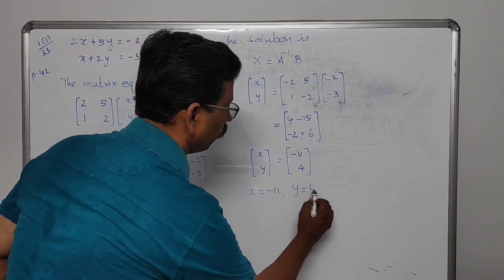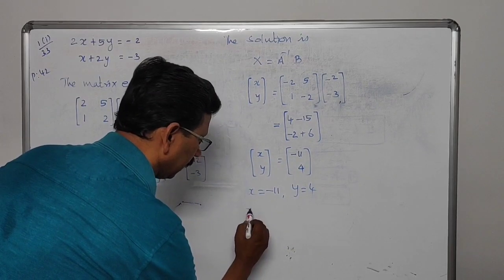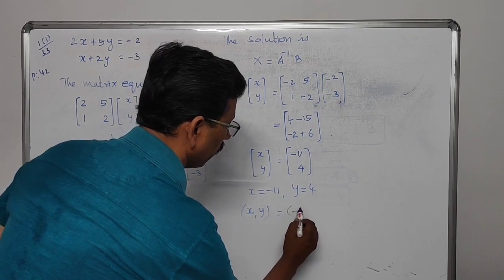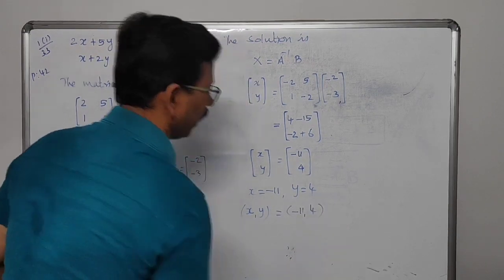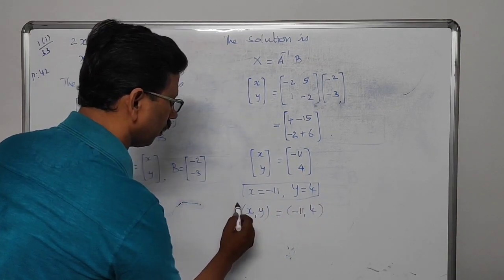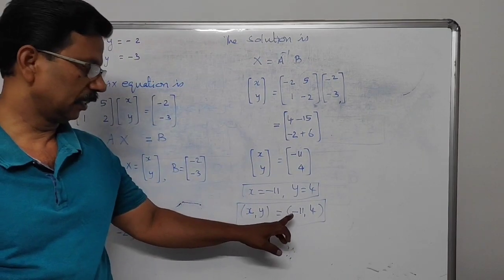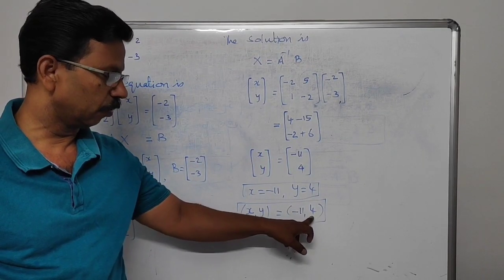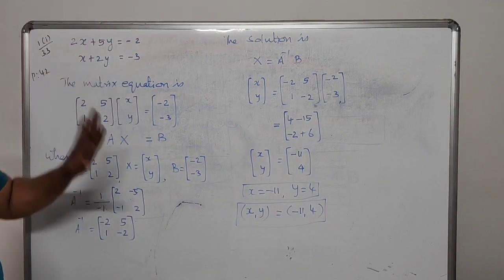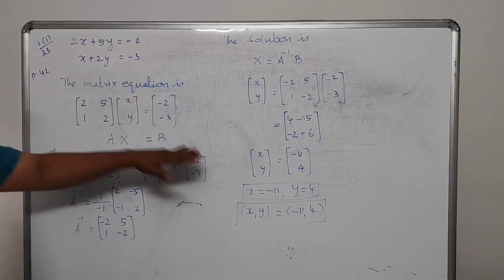Or this can be expressed in another form, that is x comma y is equal to minus 11 comma 4. You can use either this method of presentation or this one. Now these two values, minus 11 and 4, will satisfy these two equations simultaneously. Therefore, by the matrix method we can find the solution with these steps.